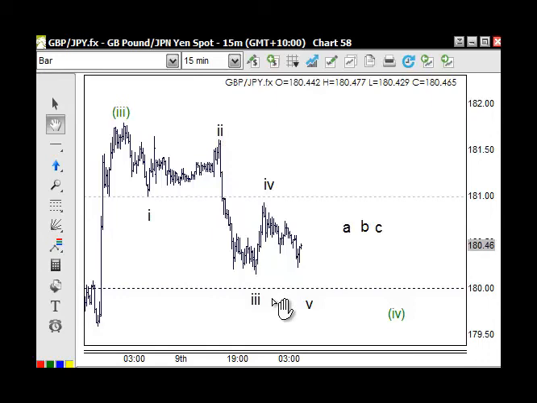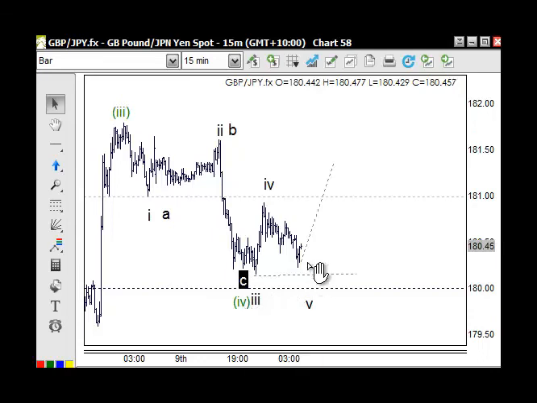Now if we don't get this wave 5 making a new low here, and this market for some reason moves up through here, then this wave 4 would be completed here, and we would be looking at this as the A wave here, the B wave here, and the C wave to here for wave 4.